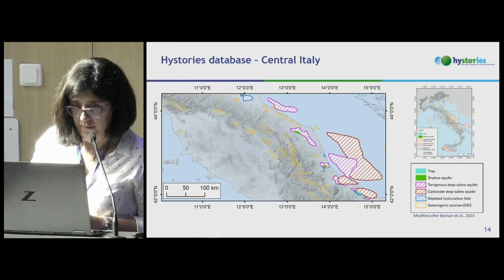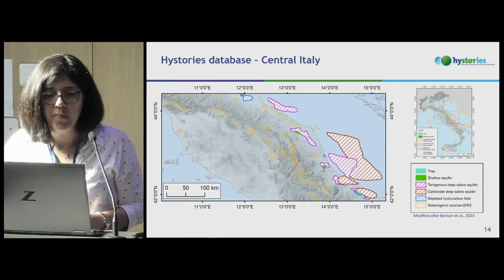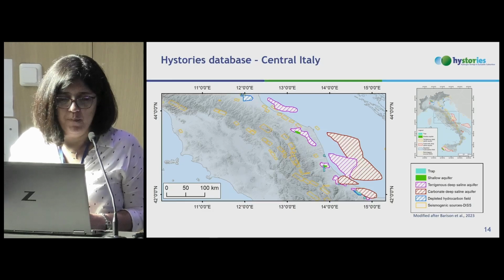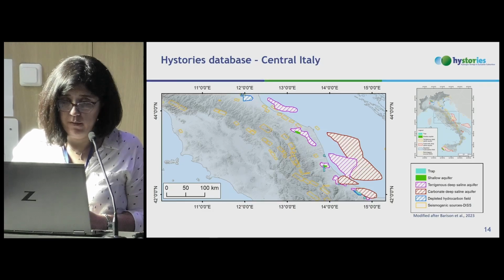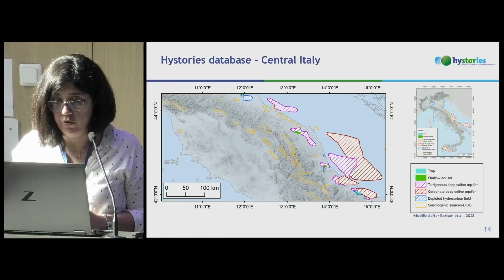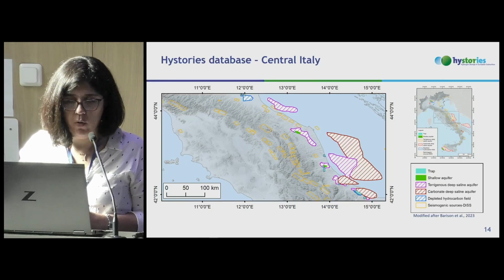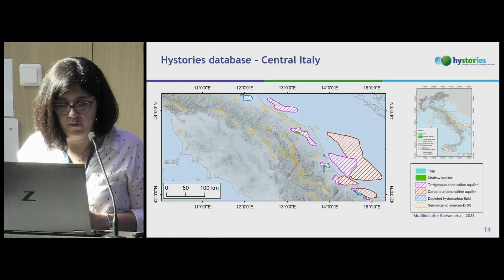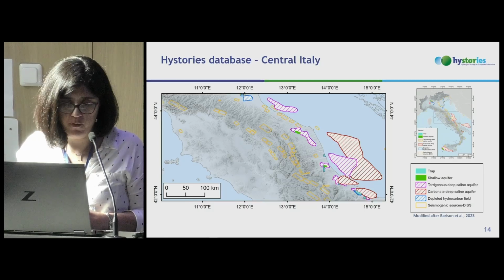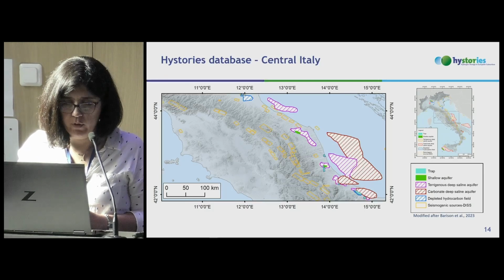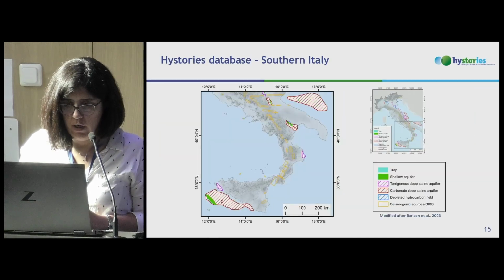Moving to central Italy, we also have a good opportunity for offshore storage. We have a very large volume of offshore aquifers, deep ones especially, but also a few depleted hydrocarbon fields that could be considered for storage.